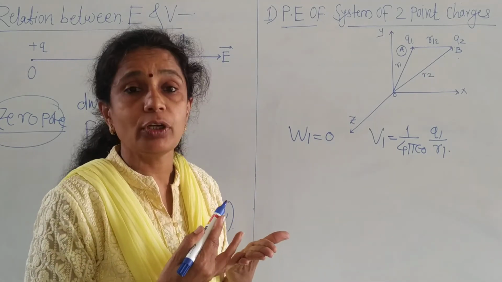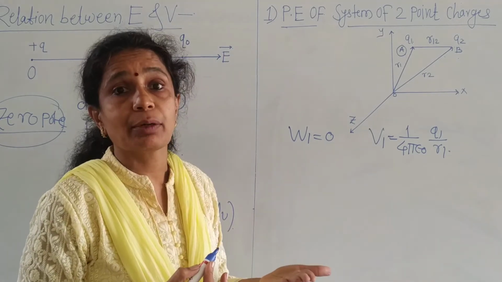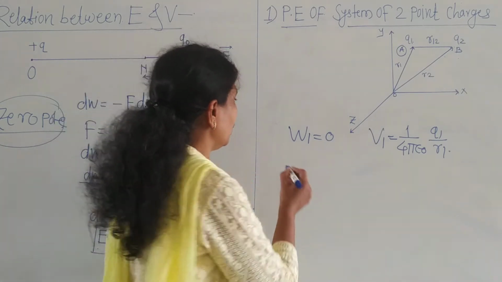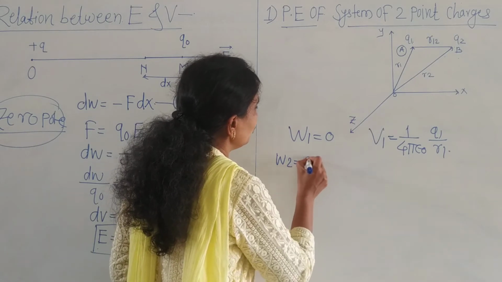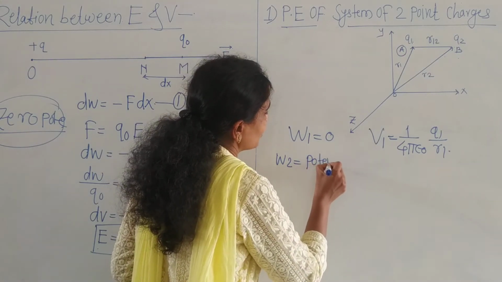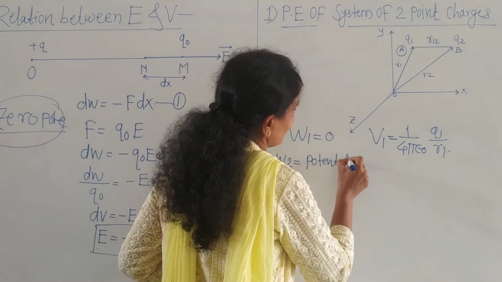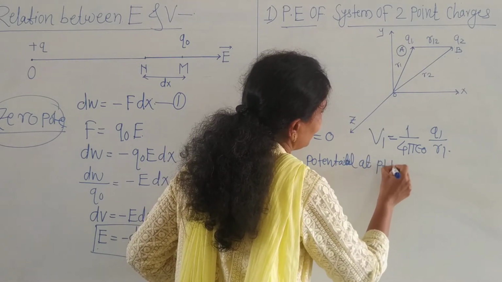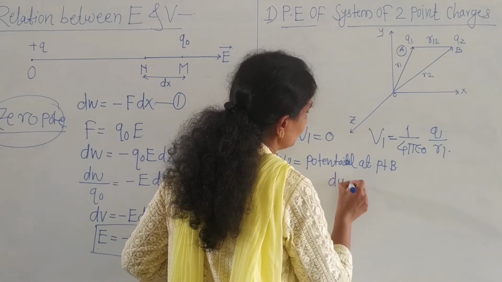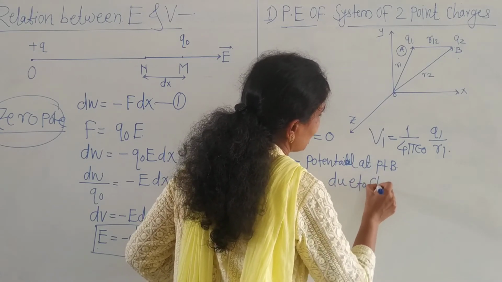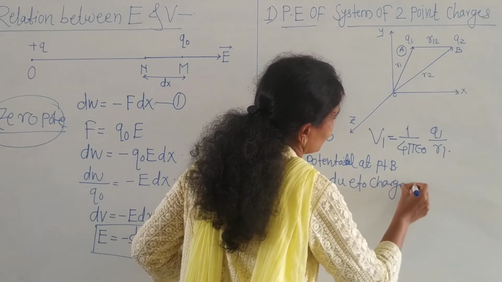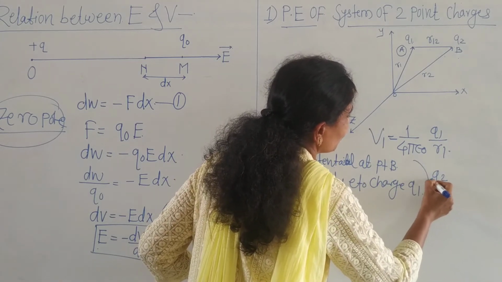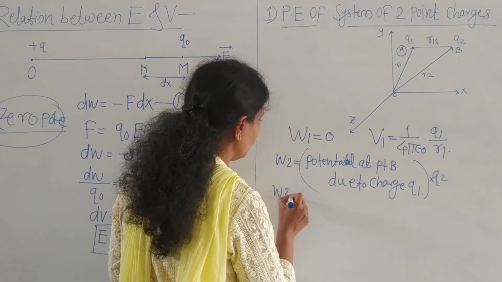Work done W2 is equal to the potential at point B due to the charge Q1 into Q2.